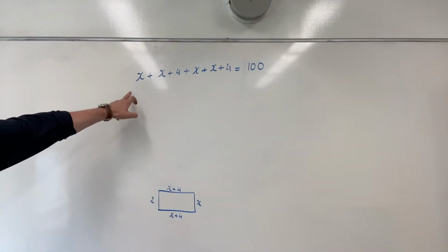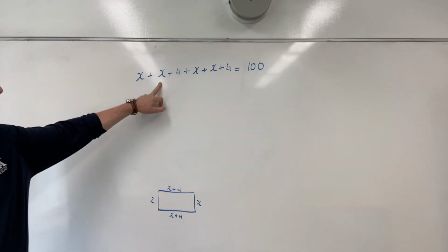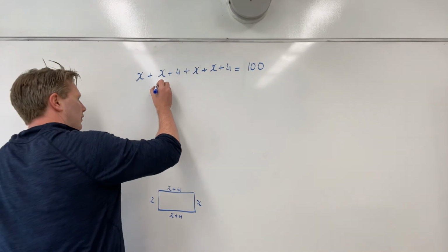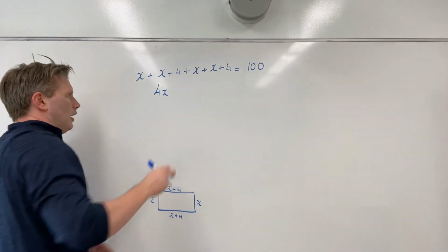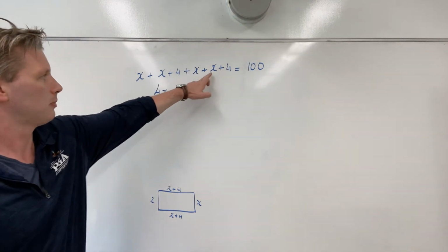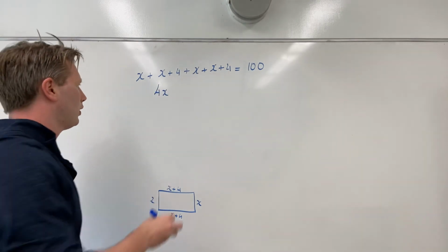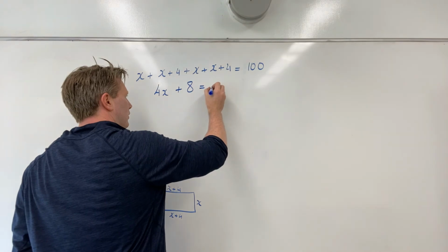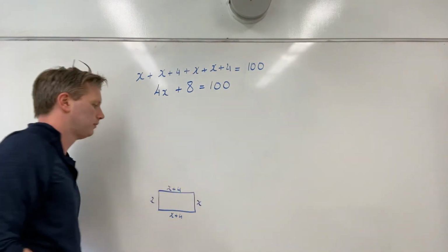If we gather up our like terms, I have x plus x plus x plus x, that is 4x, and I have plus 4 plus 4, that's plus 8. So 4x plus 8 is equal to 100.